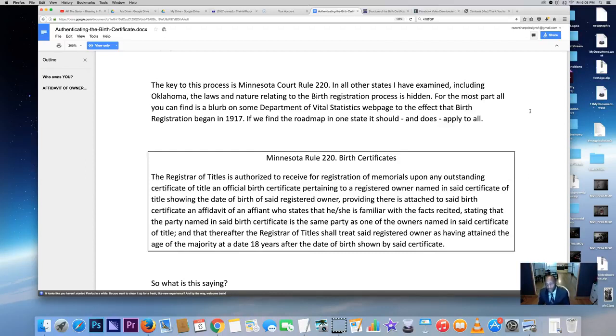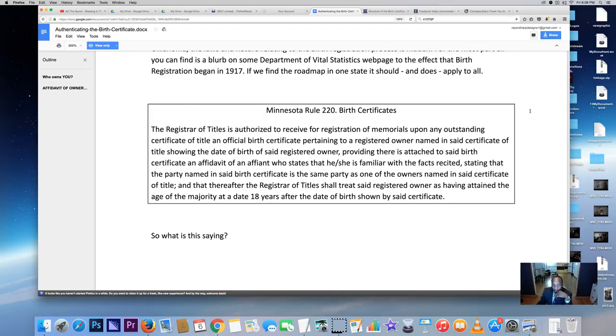In all other states, as I examined, including Oklahoma, the laws and nature related to the birth registration process are hidden. For the most part, all you can find is a blurb on some Department of Vital Statistics webpage to the effect that birth registration began in 1920. If we remember that date, if we find a roadmap in one state, it should and does apply to all.